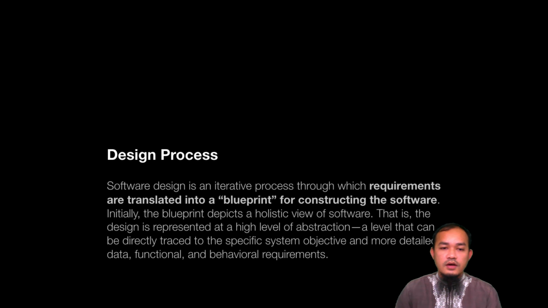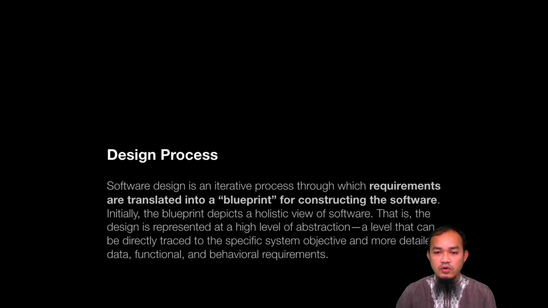Design process. Design cannot be done in just one iteration. There are many iterations in converting from requirement to blueprint. Here we are talking about a blueprint, which represents some kind of class.